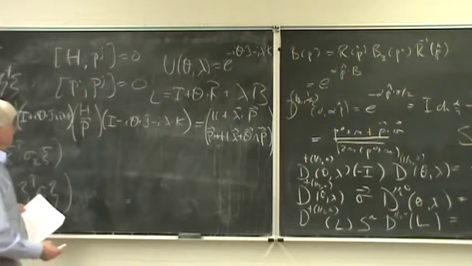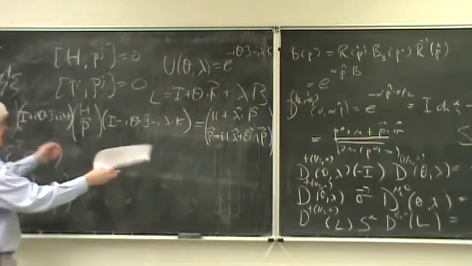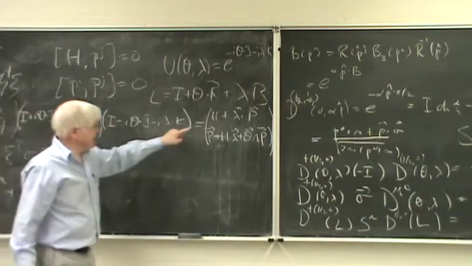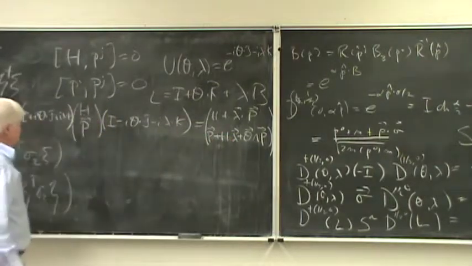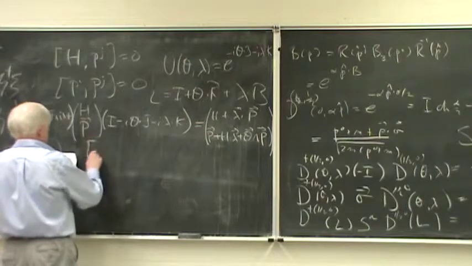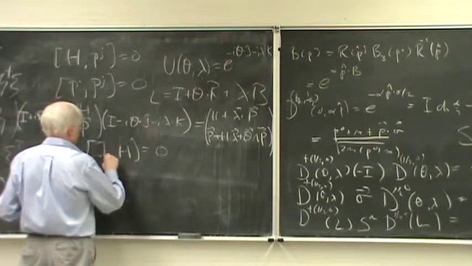And so all you do is look at this, and on the left-hand side, you can write it in terms of commutators. And on the right-hand side, they're just operators. And so you can figure out what all the commutators are. In particular, you find out that J_i with H is 0.